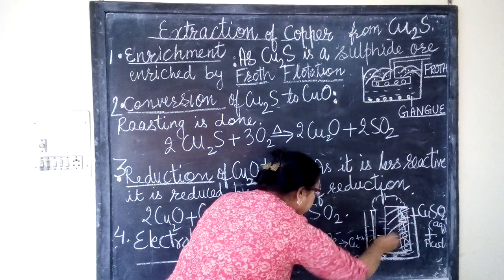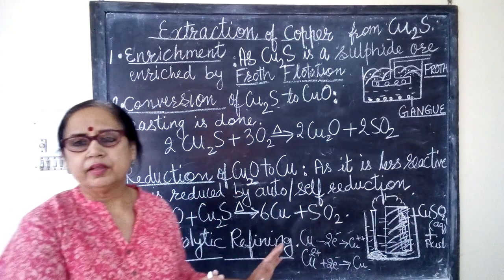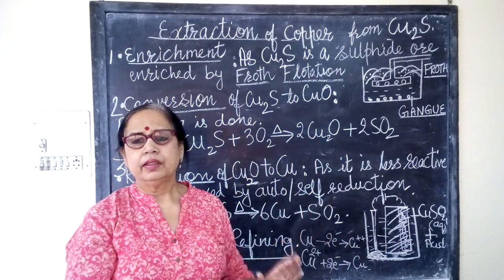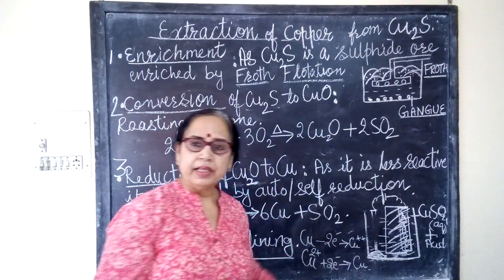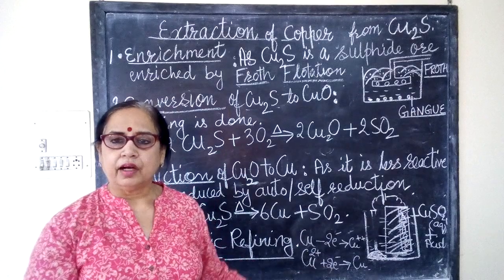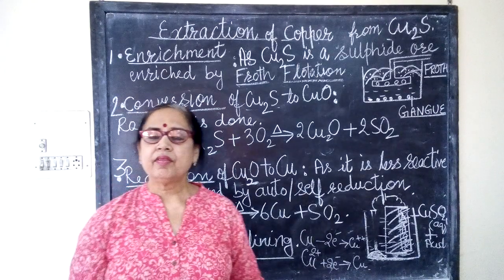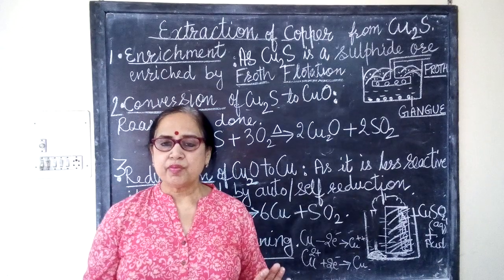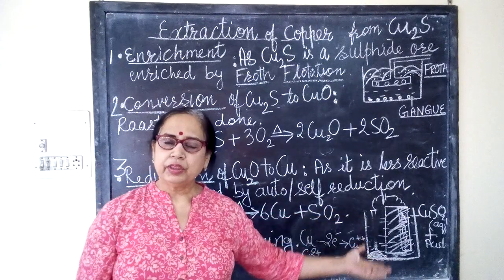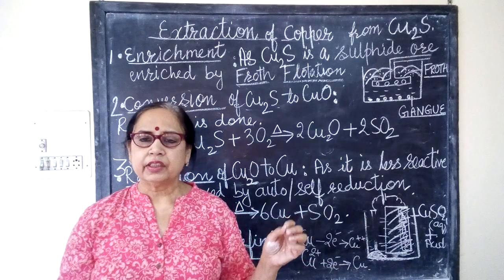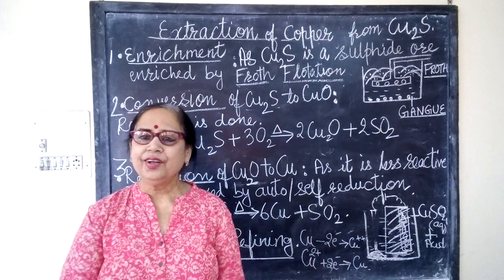So ultimately the anode vanishes, and impurities settle down at the bottom as anode mud. These impurities also contain some precious metals like silver and gold. Then you can remove the cathode, remove the wire connecting it to the negative terminal, and you get your pure copper.